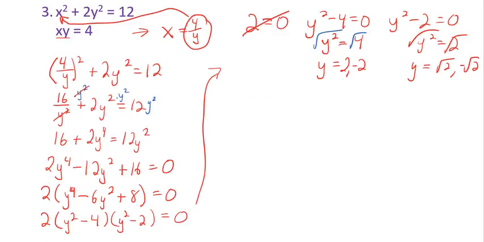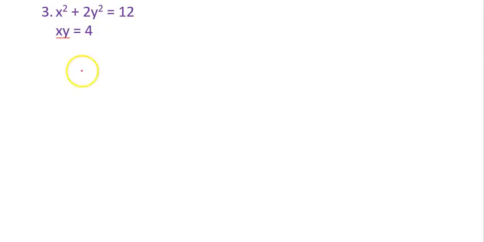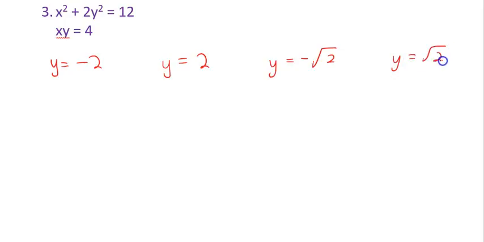So we're going to make a little chart and finish this out. Okay, we went through all of that and we found 4 y values. y equals negative 2, y equals positive 2, y equals the negative square root of 2, and y equals the positive square root of 2. And I'm going to do work with each one of those to find out the x value that goes with them.